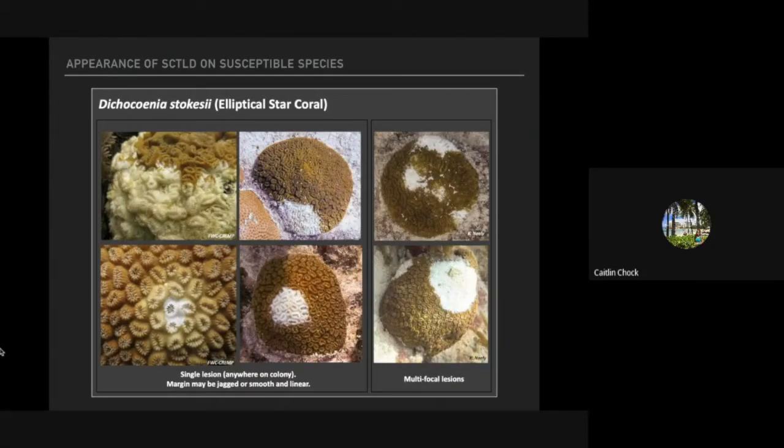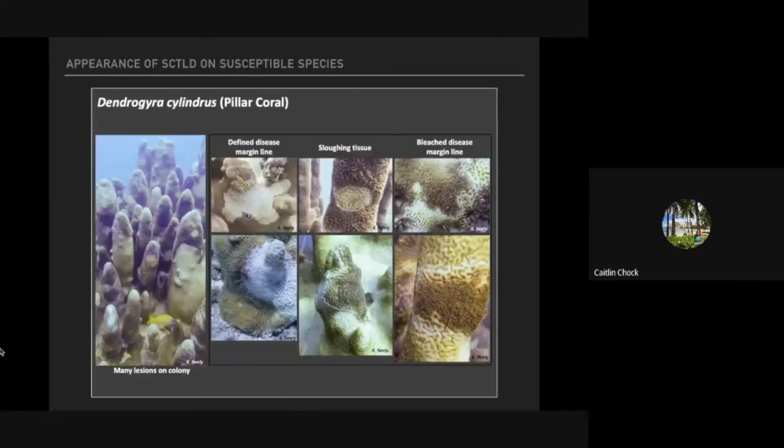And here on our DSTO, again, you could have one single lesion or multiple lesions looking slightly different. On our DCYL, you'll have many lesions on the colony, different margin lines, and the tissue actually just basically falling off of the coral.